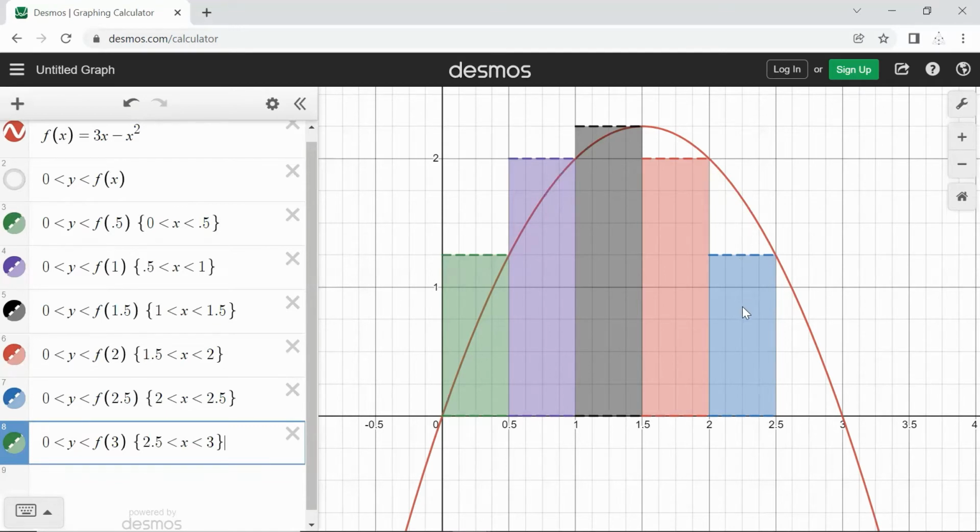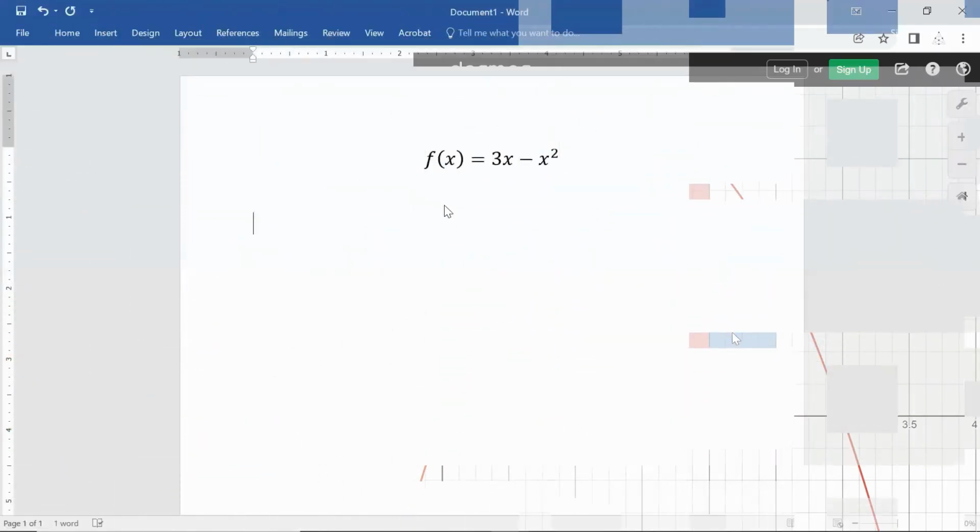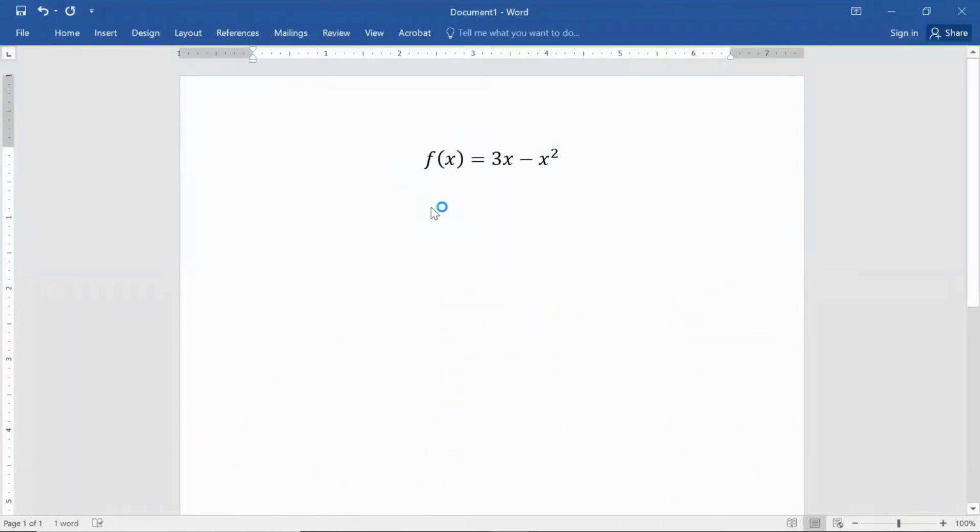Let's go ahead and do this algebraically to see how this would work out. Remember, we want to approximate the area on the interval from 0 to 3. We want to do that with 6 rectangles.